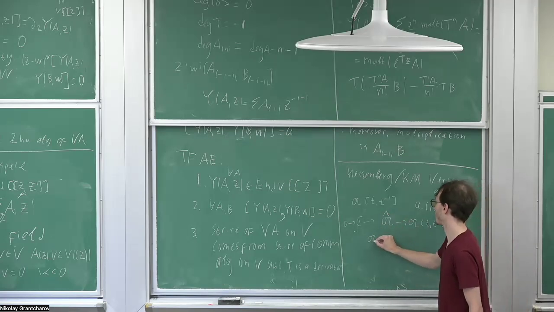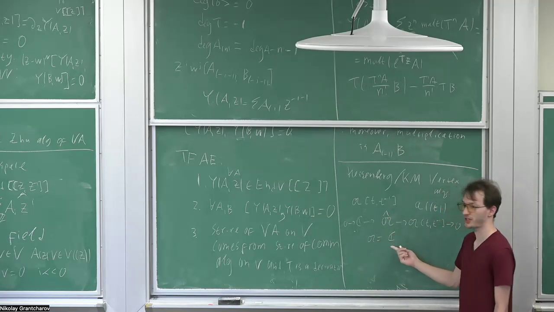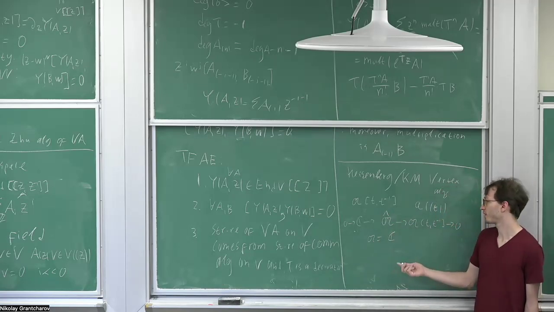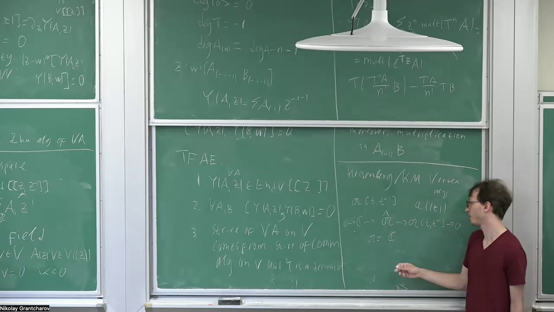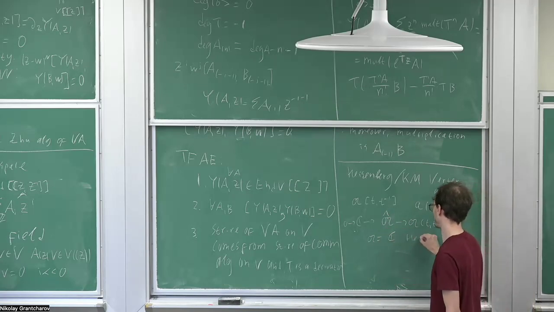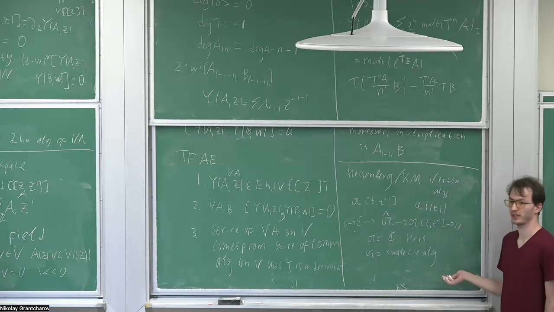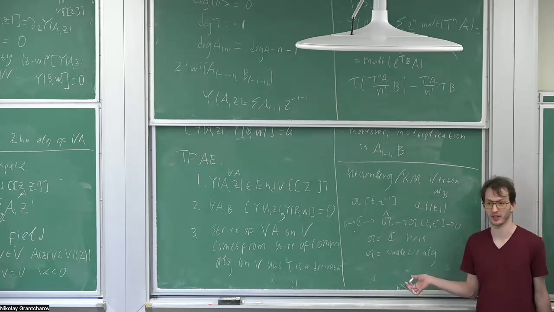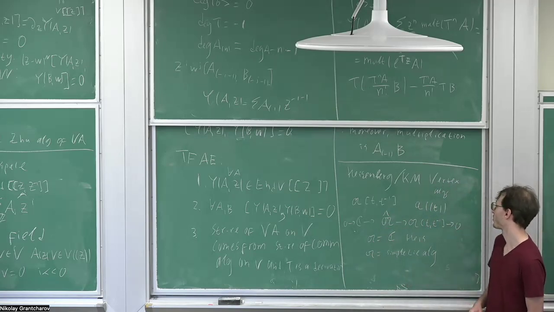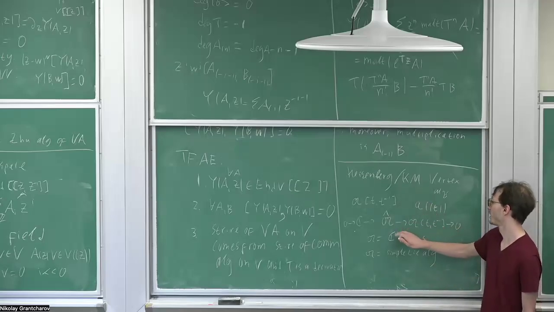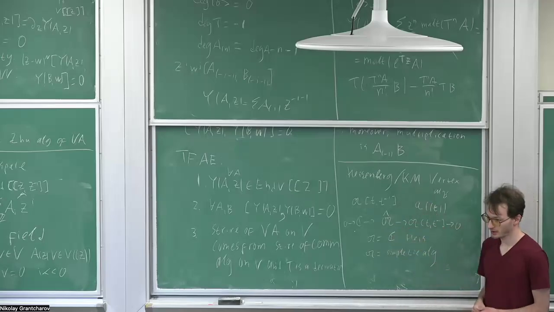If you take A to be C with trivial bracket, it will give you Heisenberg, and if you take a simple Lie algebra, it will give you the untwisted affine Kac-Moody algebra. So all these examples can be described like this.